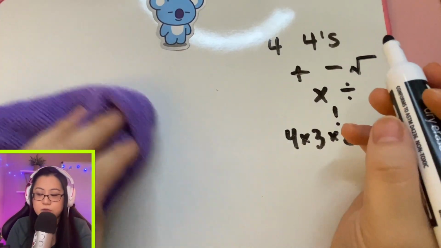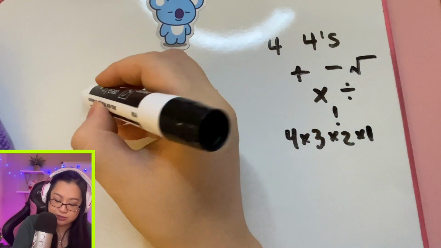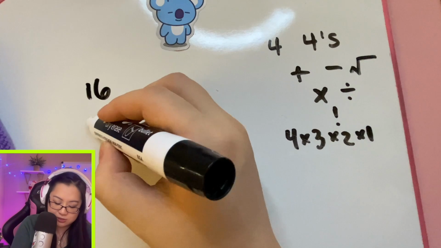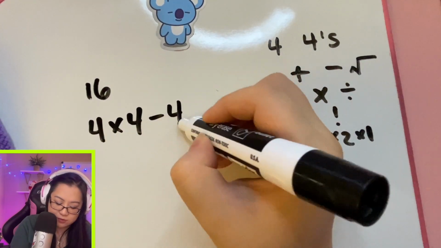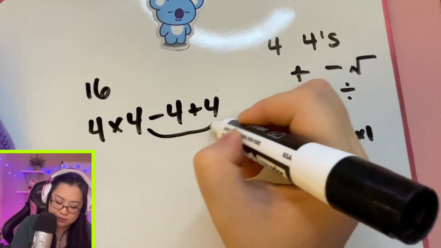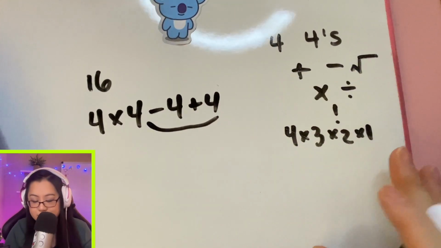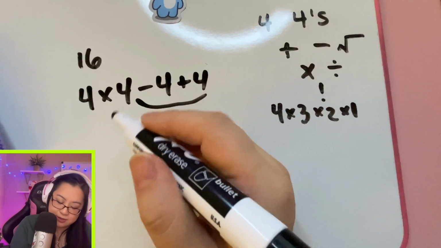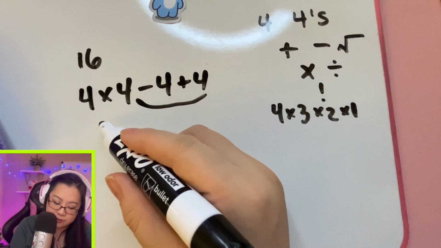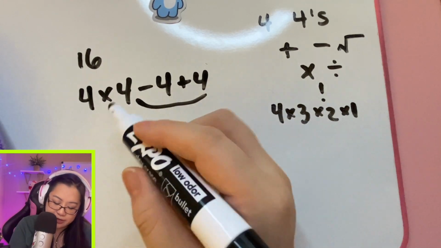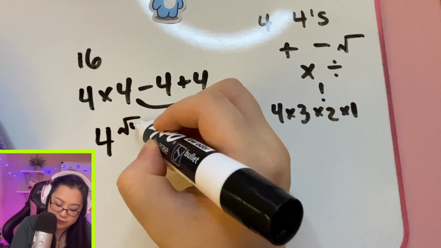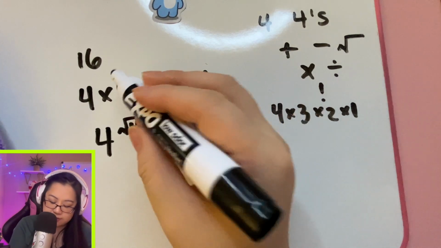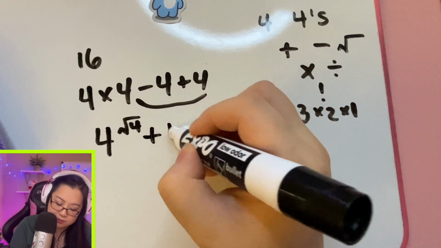Some numbers are way easier than others, I think. 16 is just 4 times 4 minus 4 plus 4, whatever you want here, that's just 0. So whatever cancels out here is fine. I'm sure you could do a way more creative one here. You could even do 4 to the root 4, which is 4 squared, which is already 16, so plus 4 minus 4.